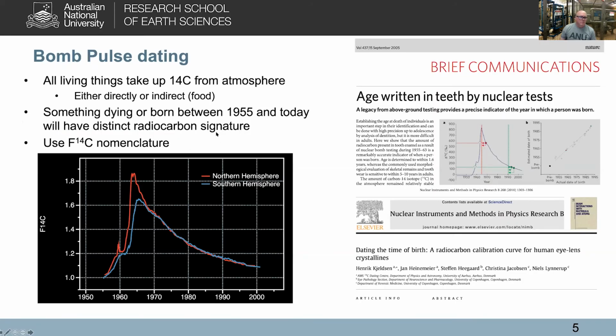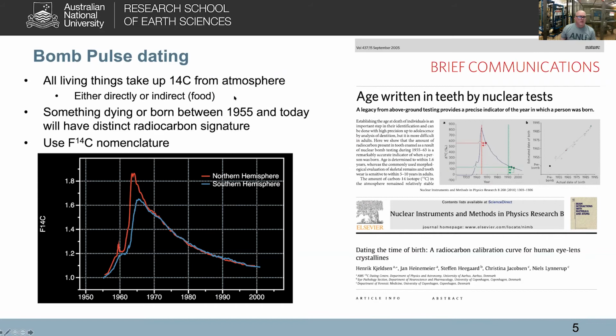So because of this curve of bomb radiocarbon, as we call it, we've developed what we call bomb pulse dating. We have this distinct curve with a sharp rise up till 1963, and then it's decaying away. And you can measure the curve anywhere across the globe.